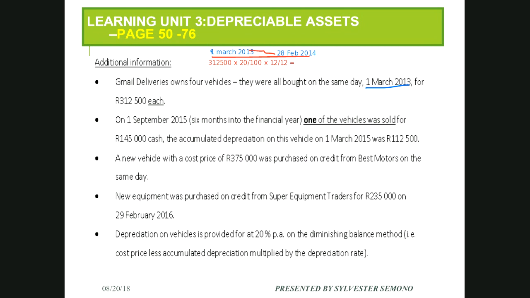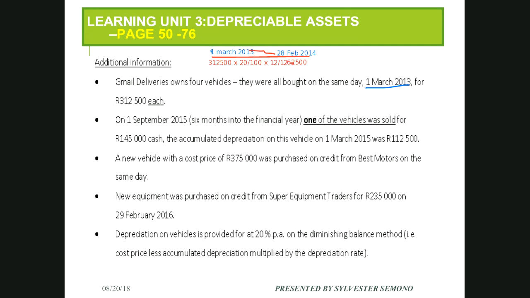What are we calculating? We're calculating depreciation from the 1st of March 2013 till the 28th of Feb 2014. Please make sure that you understand this calculation before I continue. Are you okay so far? Let's repeat that.